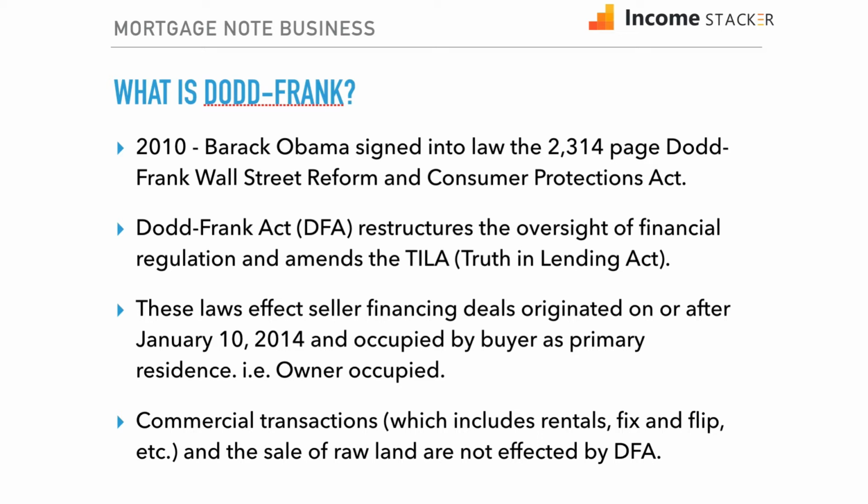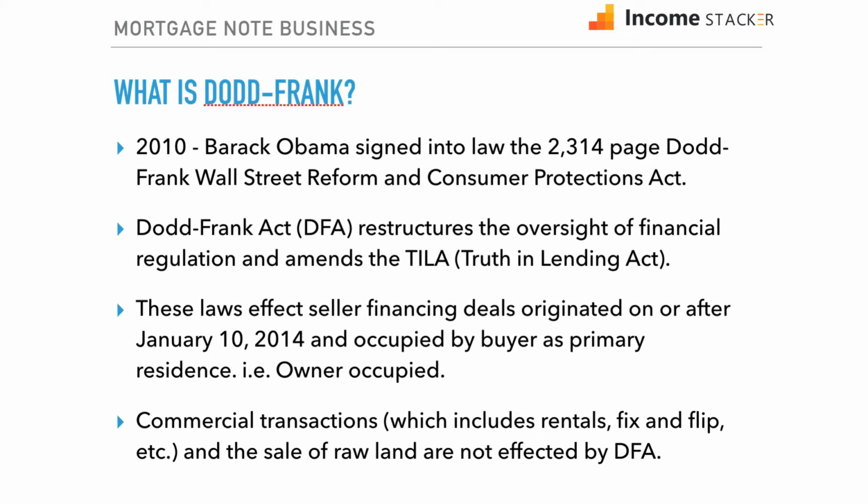Don't really have to worry about that, but these laws did affect seller financing deals that were originated on or after January 10, 2014, and if the property is occupied by a buyer that is a primary resident. So the buyer buys a property and it's their primary residence, or in other words, an owner-occupied property.